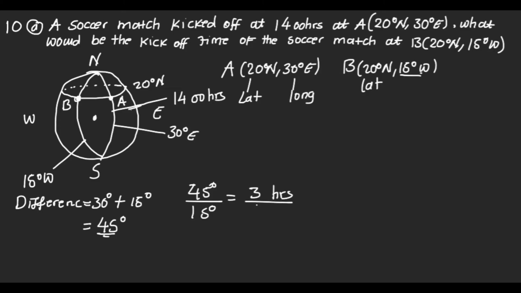Now we have been given the time for A. For us to find the time for B, if we are moving in this direction, you need to subtract the difference in hours from the time that you are given. The time that we are given is 14 hours. Then we subtract 3 hours. 4 minus 3 is just 1, so the time at B is 11 hours.